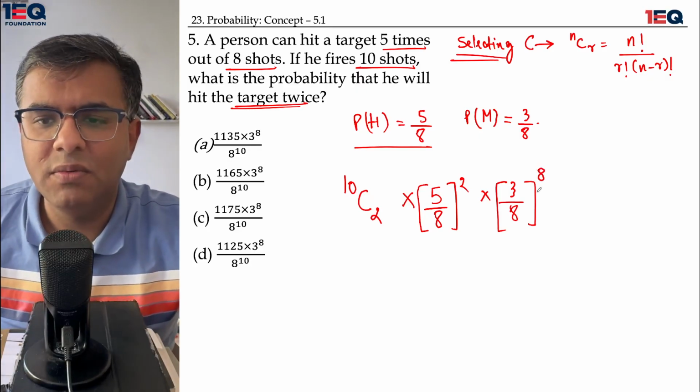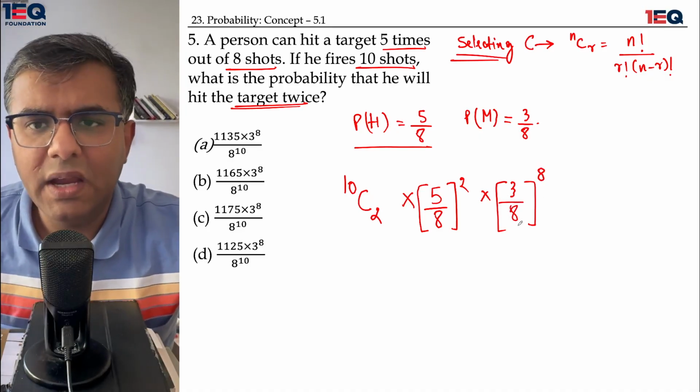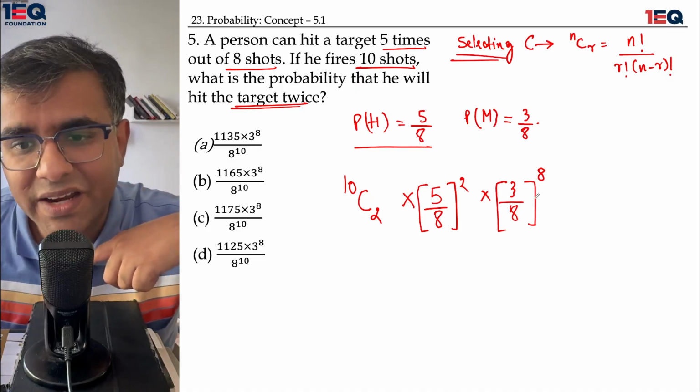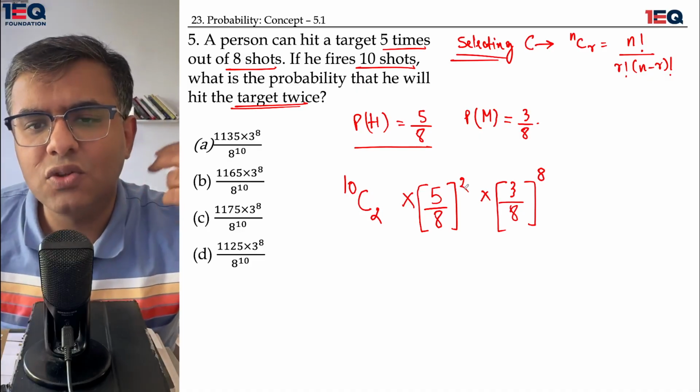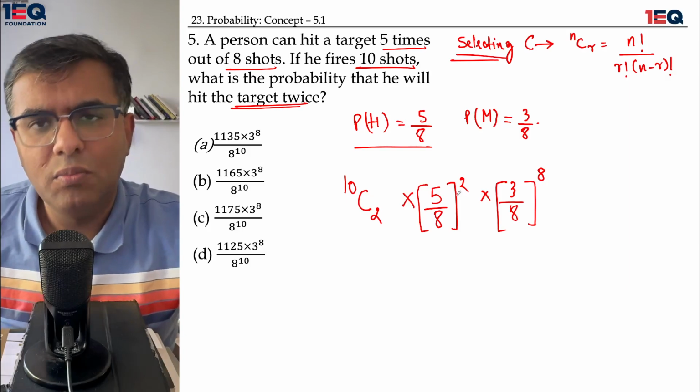It won't be a problem if these shots are missed. 3 by 8 shots should be missed, and out of a total of 10 they can be missed 8 times, and with a probability of 5 by 8 they are supposed to be positive 2 times.